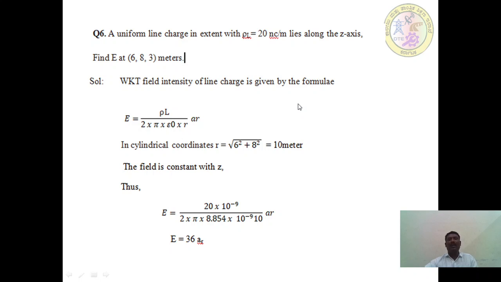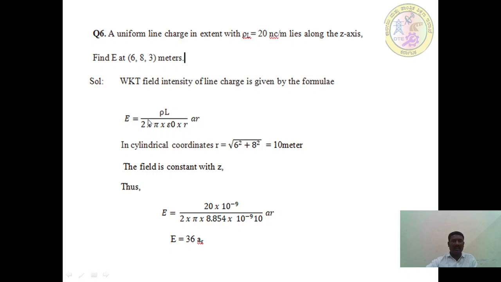Then one more problem. This is taken from line charge. A uniform line charge with rho L equal to 20 nanocoulomb per meter lies along the z-axis. Find field intensity at a point (6, 8, 3) meters.